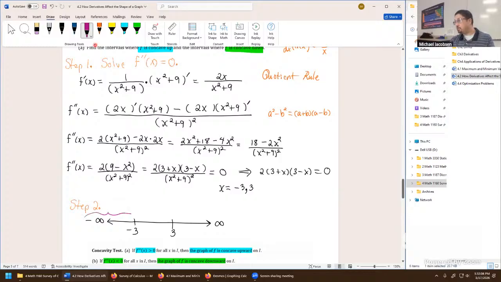And now there's three regions to test the sign. The sign we're testing is relative to the second derivative in the concavity test. So for clarity, it helps to put f double prime on each one of these regions. And the second derivative is all over the place on the notes. It's right here.